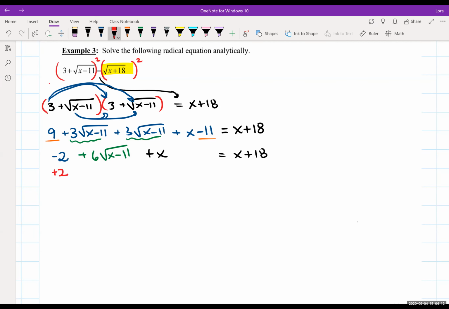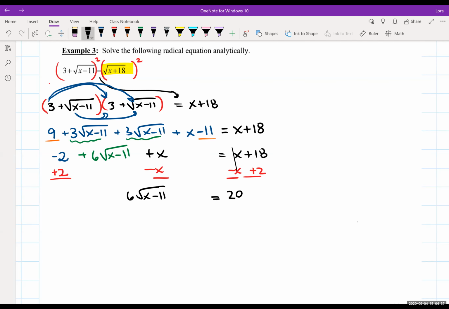I'd move the 2 over by adding it to both sides and subtracting the x from both sides, just so that I have my radical term, 6 square root of x minus 11, isolated completely. So the x's cancel out. 18 plus 2 gives me 20.